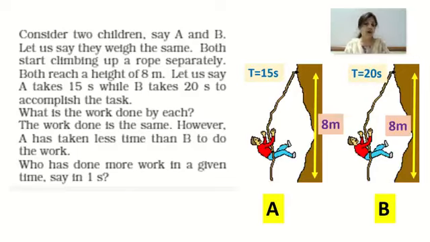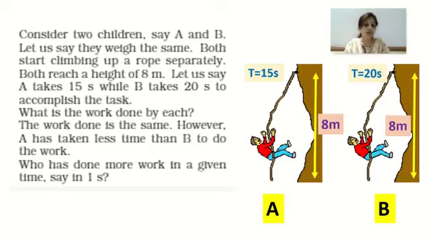Now what is the work done by each? You can just recollect the formula for work done. What is work done? W is equal to force into displacement. Now in our case the displacement is the same. It is 8 meter for both of them. So the work done by them remains the same.